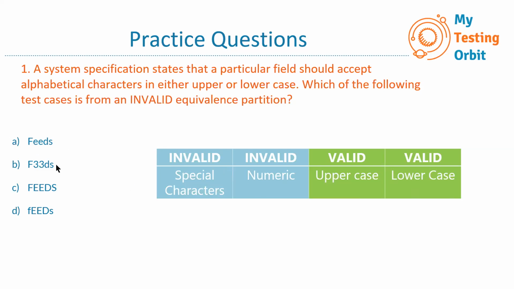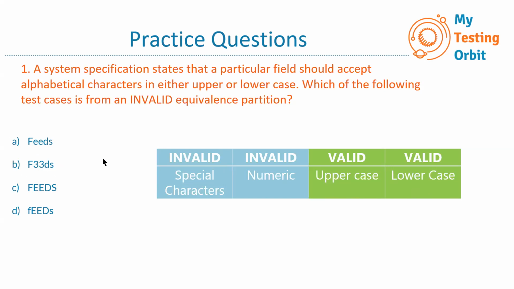The second one has capital F from uppercase, valid. Then 33, which is numeric, invalid. And then DS from lowercase. So we have these numeric values from our invalid equivalence class. So this would be the correct option.